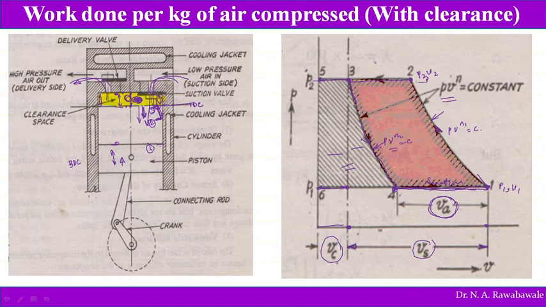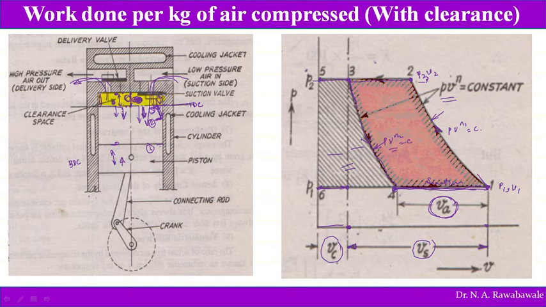For expansion no work is required, because the air in this cylinder is already compressed, and the piston need not put in any effort to expand this air, because the pressure of the air is higher and it will push the piston to move in the downward direction. So work is done by the compressed air.